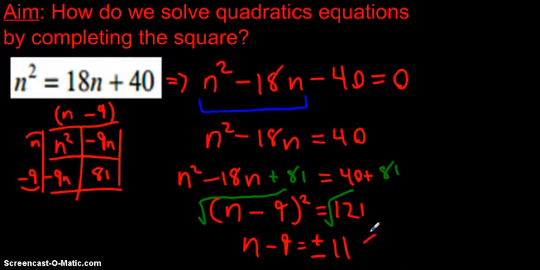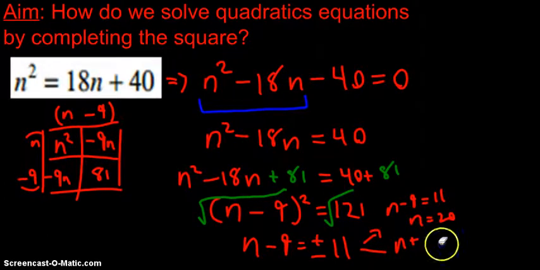So in the first case we get n minus 9 equals 11, which makes n equal to 20. And in the second case, n minus 9 equals negative 11, which means n is equal to negative 2. So those are the two possibilities.